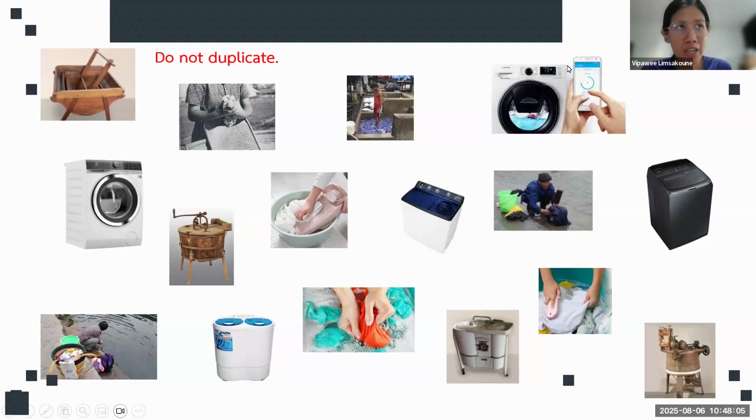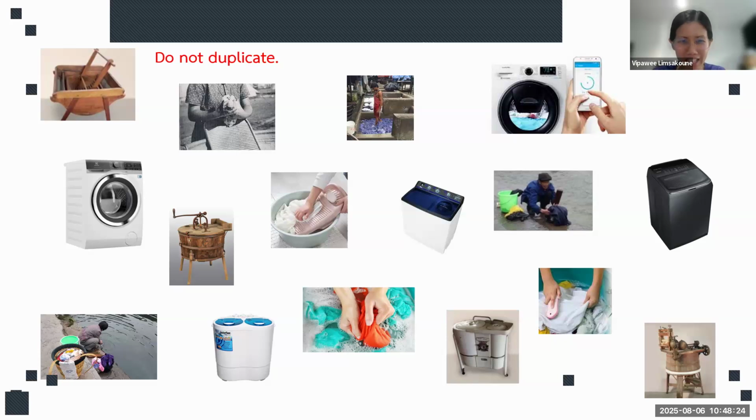The process is that once you get the topic, each of you finds at least one picture and tries not to find the same picture. Then you will see varieties of washing tools.